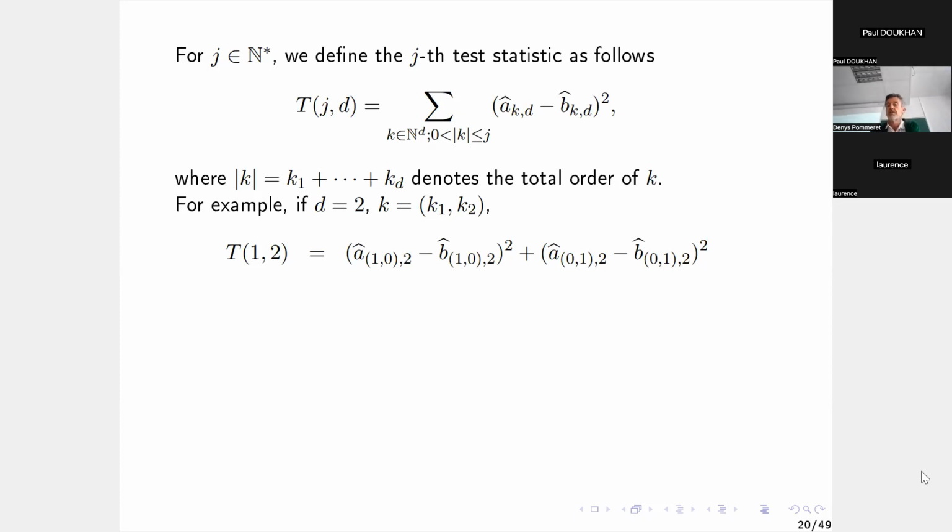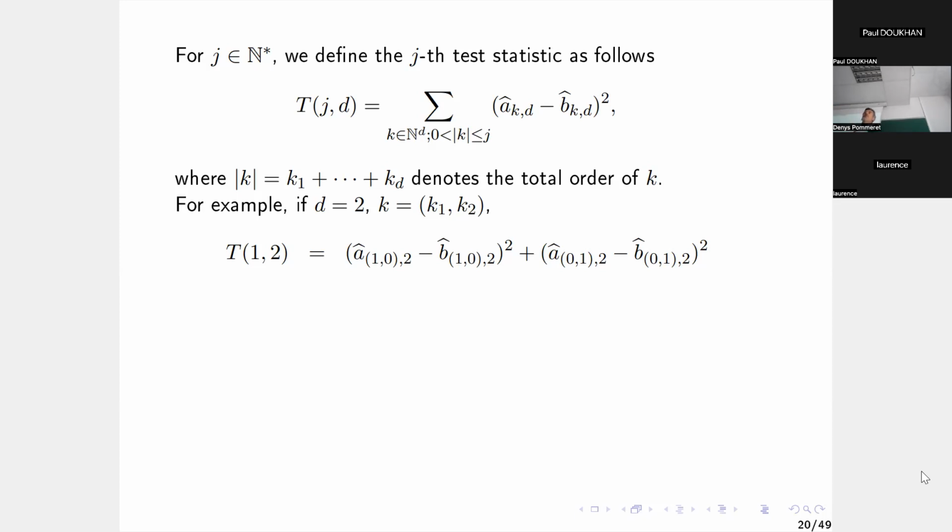This is just the generalization of the first thing that I showed just before. It is exactly the same thing, but you have multivariate, multidimensional coefficients. So you have k, and this is the total number of k, and then you have to put an order.